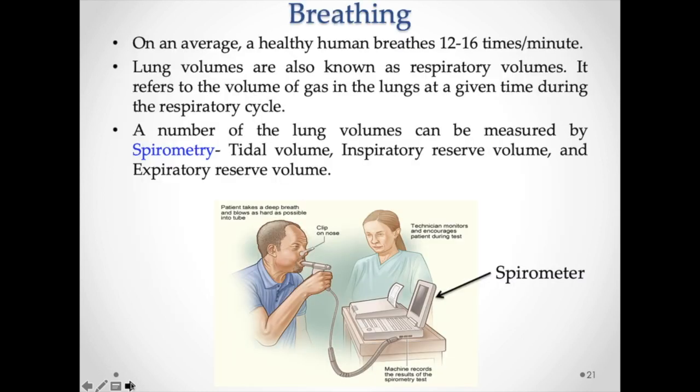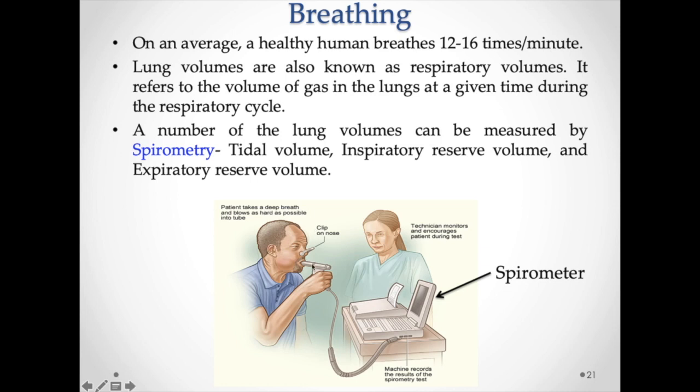On an average, a healthy human breathes 12 to 16 times per minute. The lung volumes are also known as respiratory volumes. It refers to the volume of gas in the lungs at a given time during the respiratory cycle. A number of the lung volumes can be measured by spirometry: tidal volume, inspiratory reserve volume, and expiratory reserve volume.